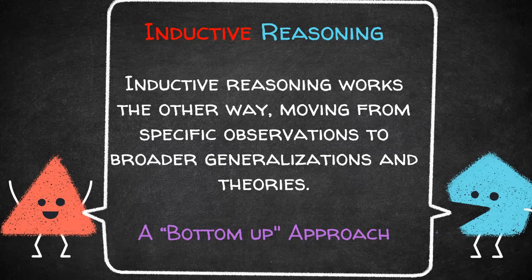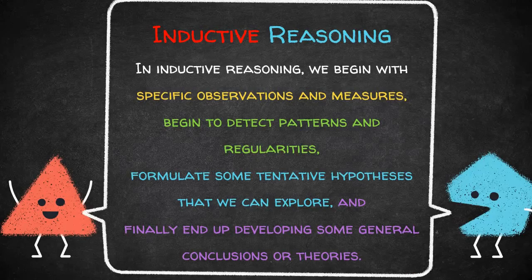Let's talk about the other reasoning, which is the opposite process of deductive reasoning: inductive reasoning. It starts with specific observations and goes to broader generalization and generation of theories. It is a bottom-up approach. So what do you do when you use inductive reasoning? You begin with specific observations and measures, and you try to detect certain patterns and regularities.